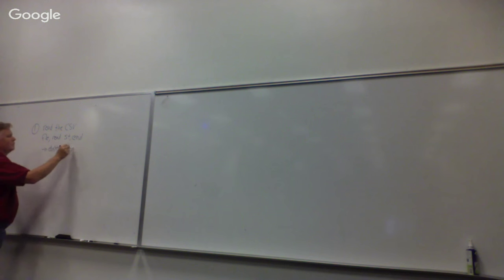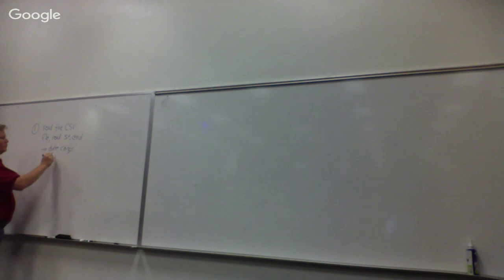So once you read the CSV file, look in the symbol column, and that'll tell you all the symbols you need to read, right? All right. So out of this comes the date range and symbols.